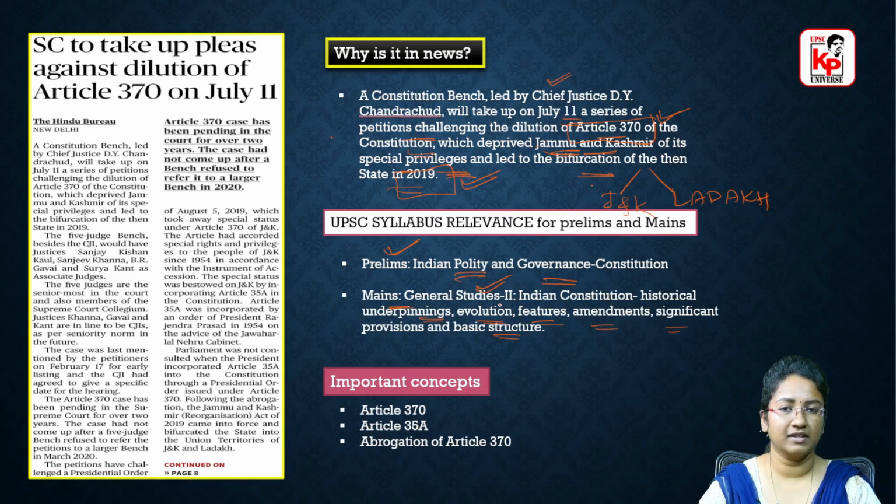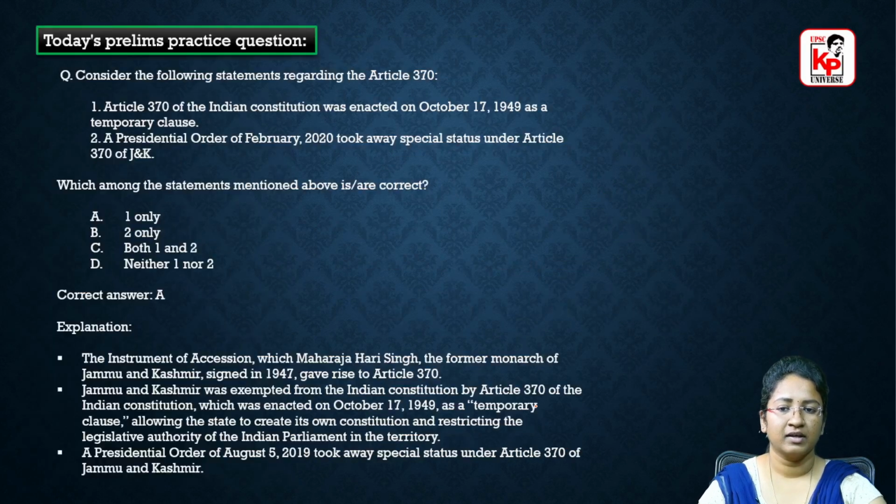Coming to the important concepts in this article, we have Article 370, Article 35A, and we'll also discuss in brief the abrogation or dilution of Article 370. Before that, we'll look at some previous year questions for prelims and mains so that you get to know how questions can be framed on this topic.